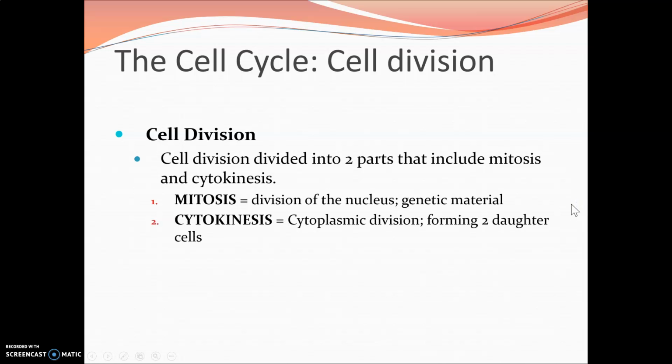Then, after mitosis has completed, cytokinesis can happen. This is when the cytoplasm divides, and this is when we officially have two new daughter cells formed. The new membranes form, they close off on each other, and then you have two brand new cells sitting there ready to do what they need to do.